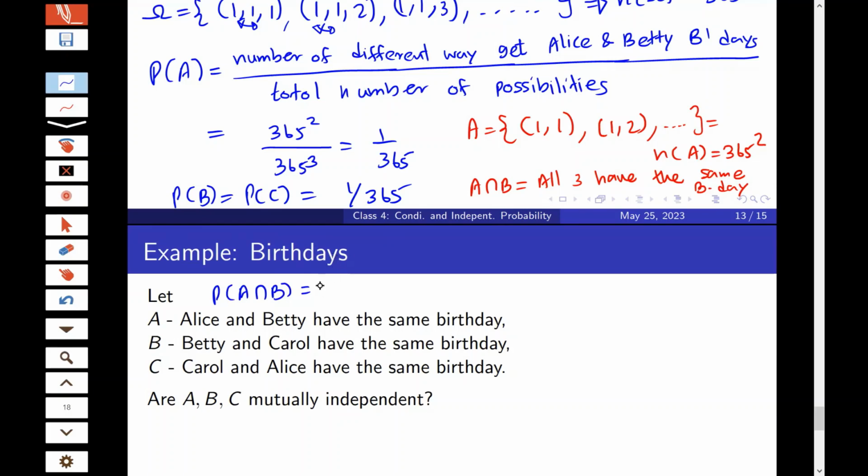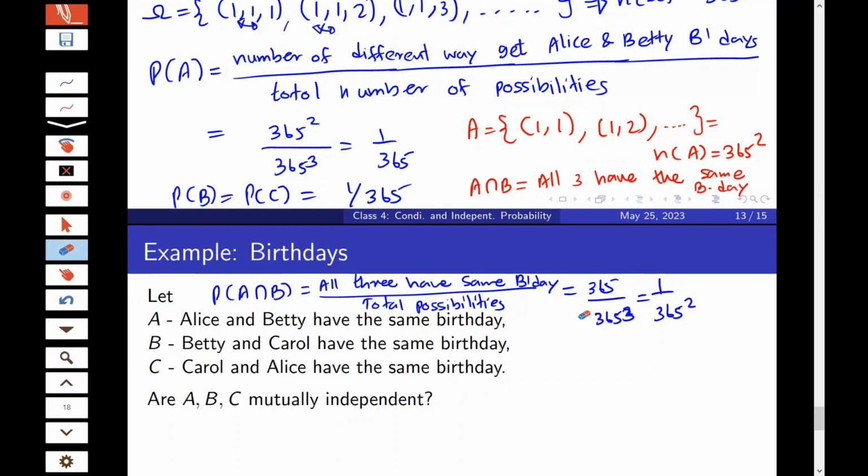You have 365 possibilities where all three have the same birthday, over 365 to the power 3, the size of the sample space, which is 1 over 365 squared.